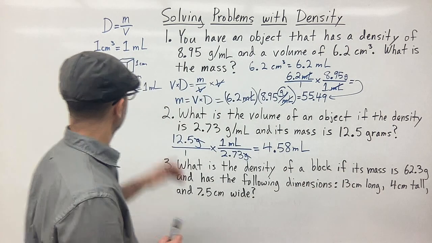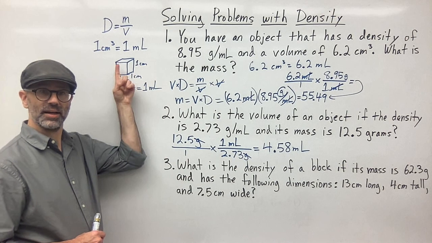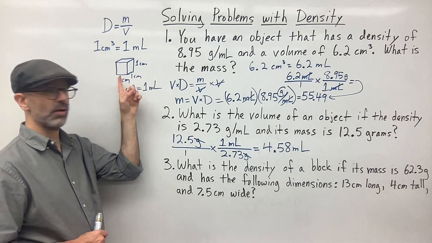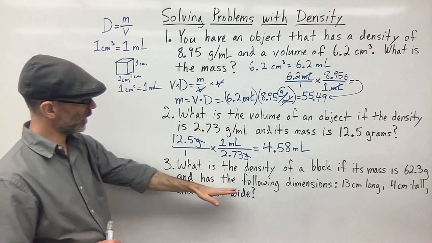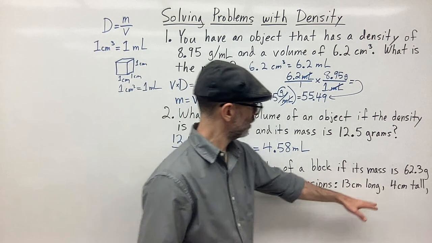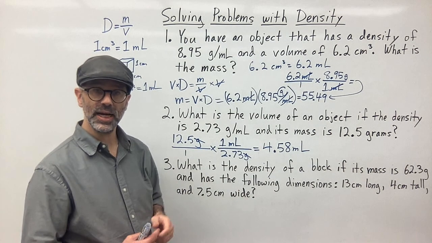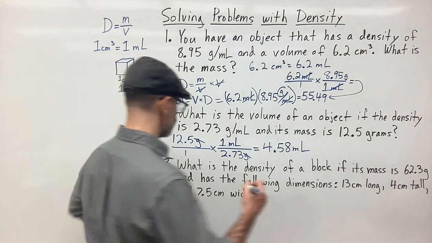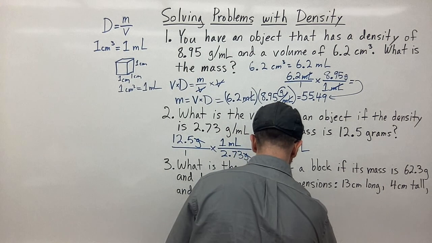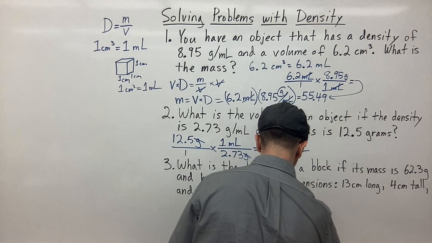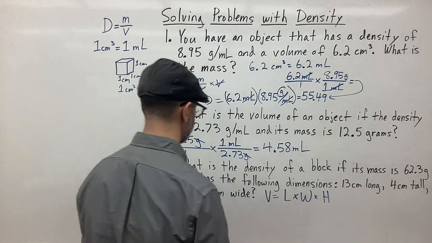Well, if you remember what I said here, you have a box, you have a height, you have a width, you have a depth. You multiply those 3 together, you get a volume. So here, they're giving you the length, the height, and the width. Multiply those together, you get the volume. So volume here is equal to the length times the width times the height.